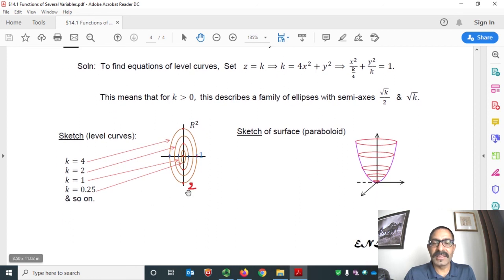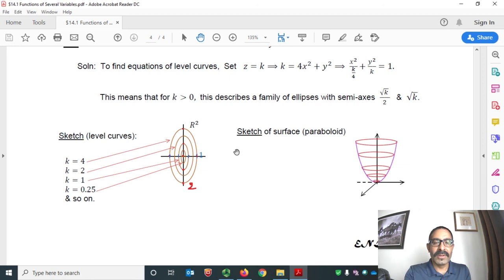So I sketch here k equals 4 corresponds to this ellipse, and k equals 2, k equals 1, k equals 0.25 and so on. And to sketch the surface, now I need to pull this from R2 to R3.